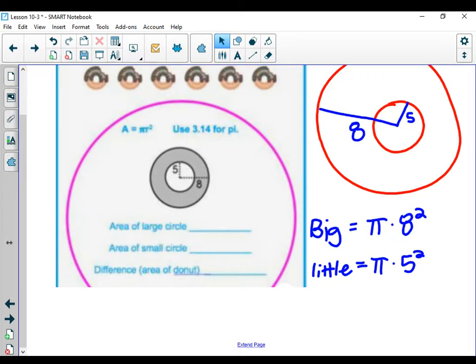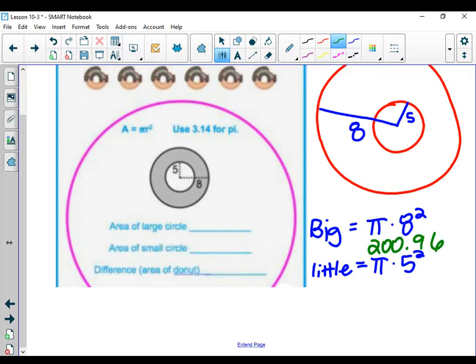Yep, 200.96. 25 times 3.14 is 78.5. We're going to subtract them. 122.46.